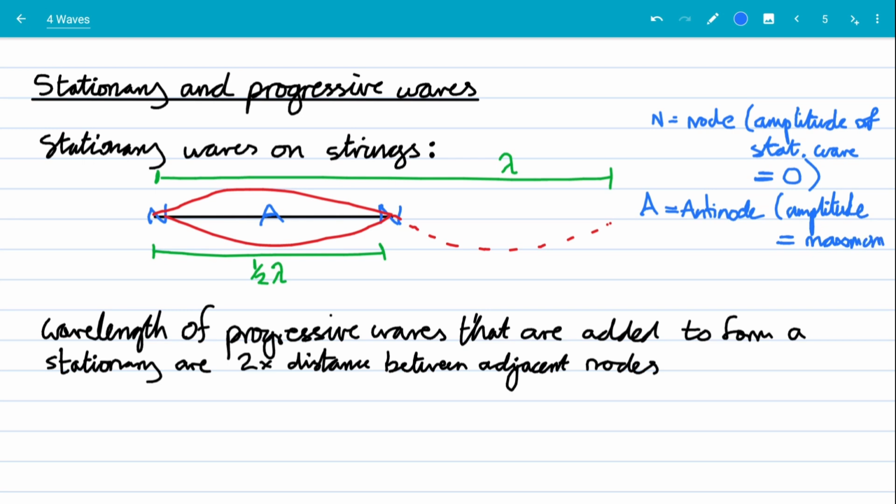Now this can be confusing for some students because, of course, with progressive waves the amplitude doesn't change along the wave. Well, of course, it wouldn't change if the wave wasn't spreading out, so the energy wasn't spreading out. We would consider the wave to have the same amplitude all the way along. At any instant in time, the displacement of the wave may be different, but the amplitude wouldn't.